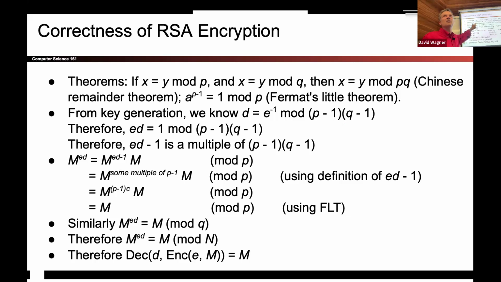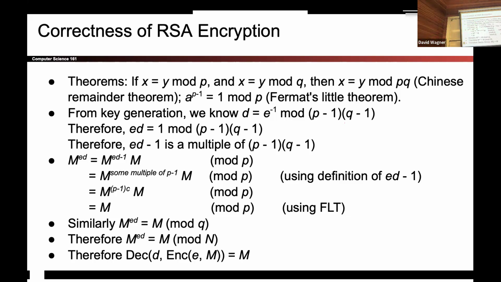Or another way to say that is if you multiply E times D, then you get back something that's 1. But not 1 mod p, not 1 mod N. It's 1 mod this funky thing, p minus 1 times q minus 1. So in particular, ED minus 1 is a multiple of this funky thing, p minus 1 times q minus 1.